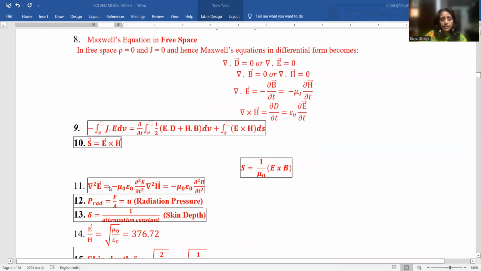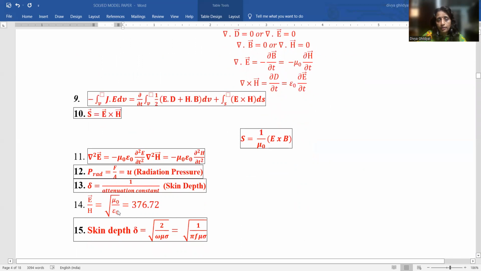For the magnetic field and electric field, del square E is equal to minus mu naught epsilon naught del 2E by del t2. Radiation pressure: pressure is force upon area. Skin depth del equal to 1 upon attenuation constant.